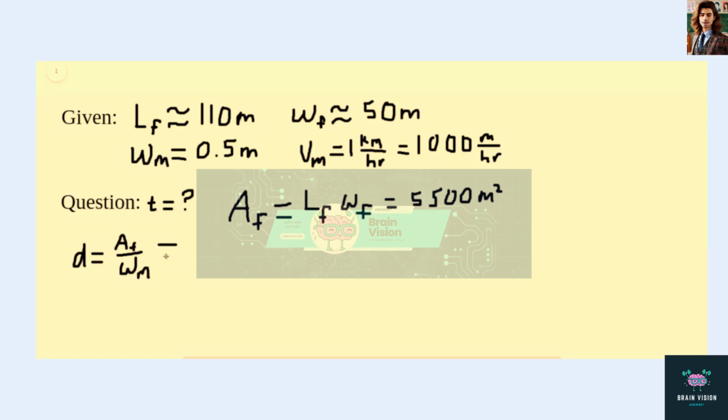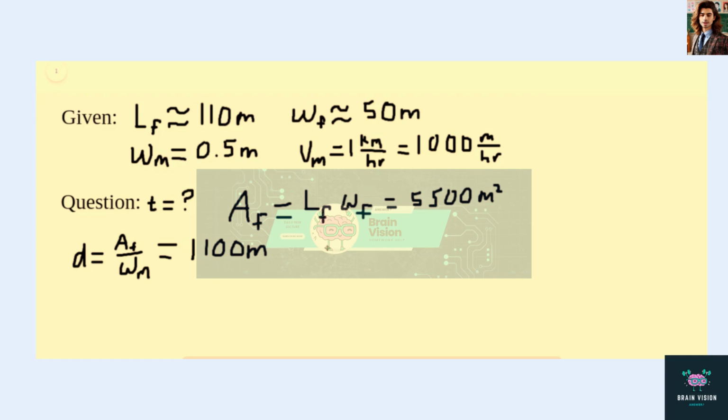That's going to be 5,500 square meters divided by the width of the mower, which is 0.5 meters, and that's going to give us 11,000 meters.